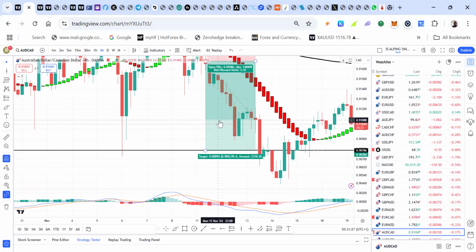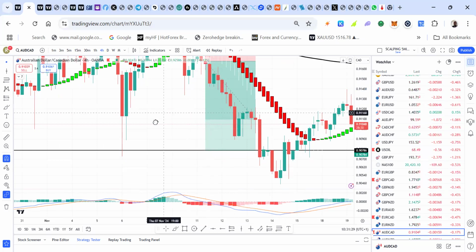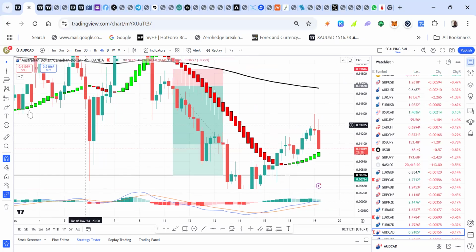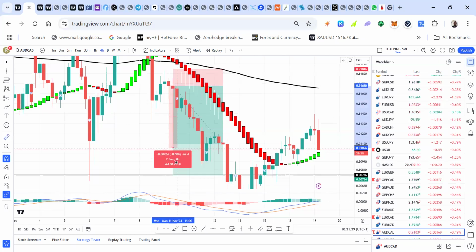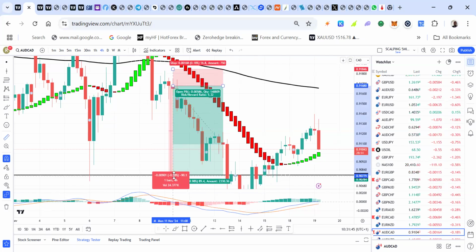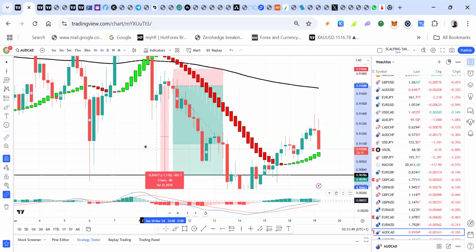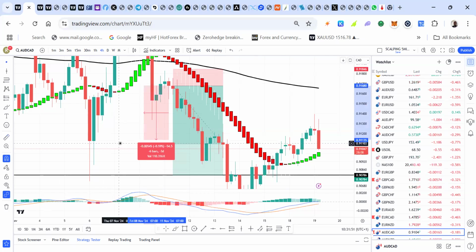So this is actually a 4 hours candle. Now this 4 hours candle, this trade from that level did how many pips? This trade from that level did 90 pips. So this depends on what lot size you are using.